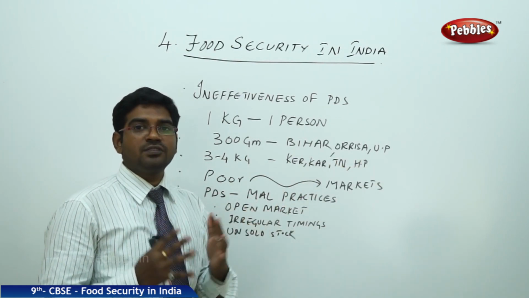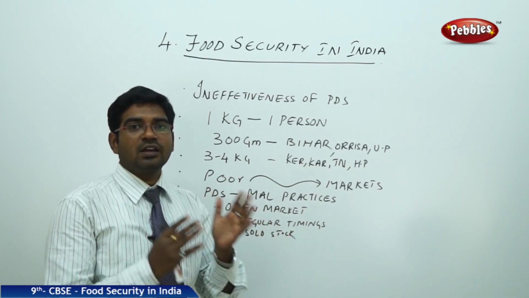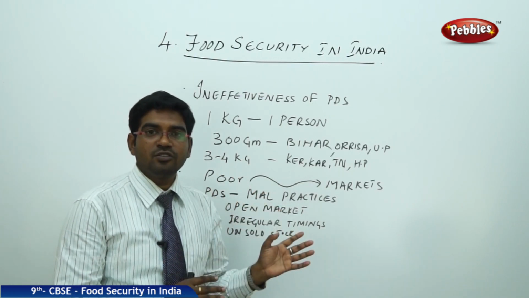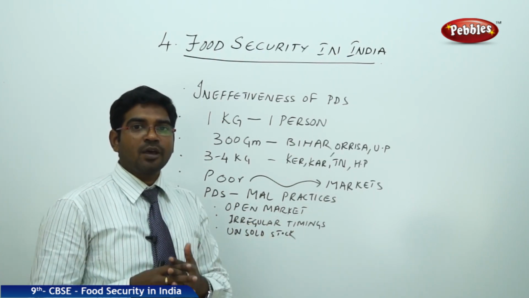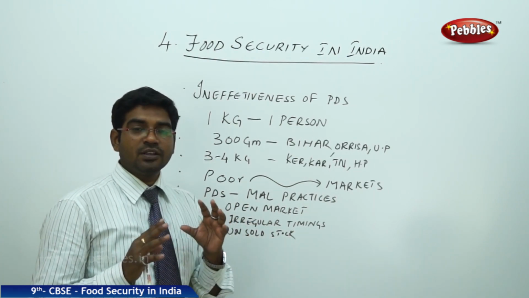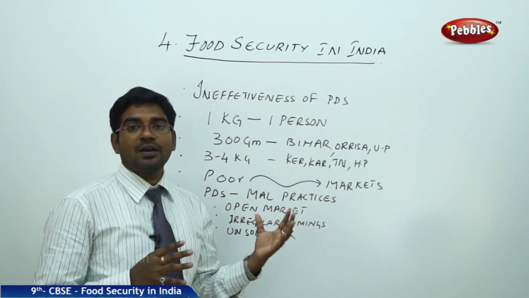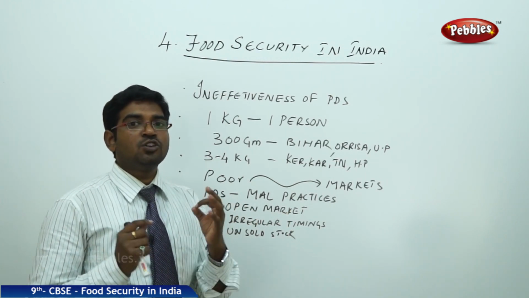There is a lot of disparity among the states. Somewhere people are able to get access to 3 to 4 kgs of rice per month for each member of the family, and in some parts only 300 grams to 1 kg.